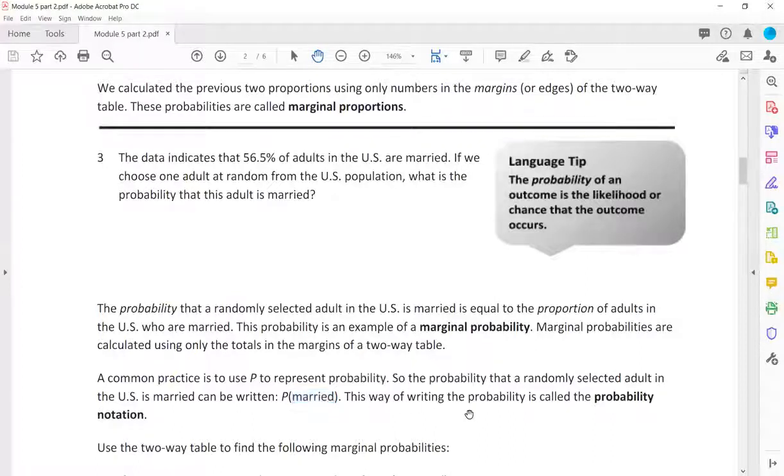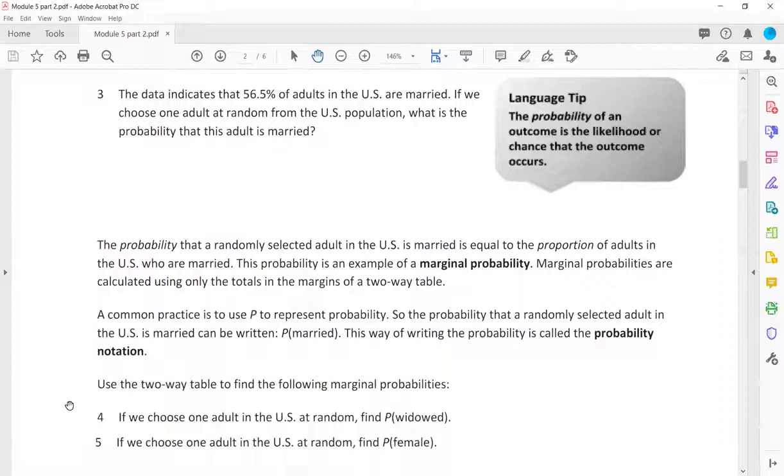This way of writing the probability is called the probability notation. Well, let's answer these questions. Use the two-way table to find the following marginal probabilities, or in other words, finding the proportions.